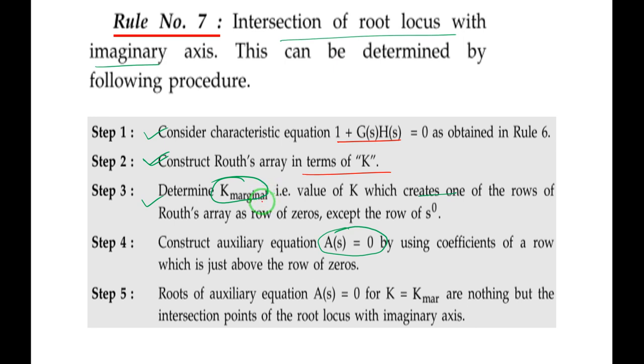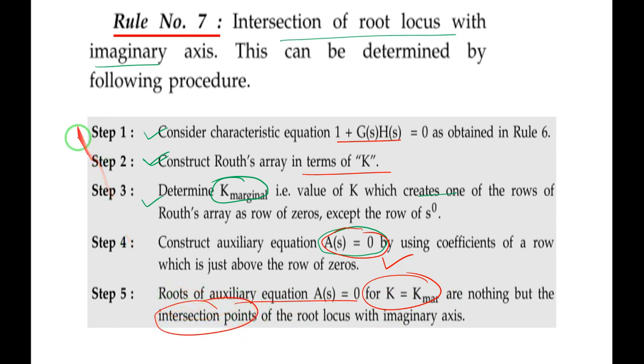Here those roots are on the imaginary axis. We construct the auxiliary equation using the coefficients of the row just above the row of zeros, as seen in the previous chapter. Then find the roots of the auxiliary equation for k equal to k marginal value, which gives the intersection points.